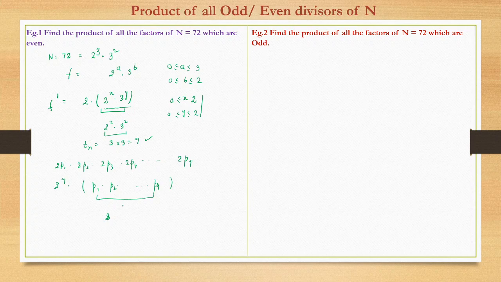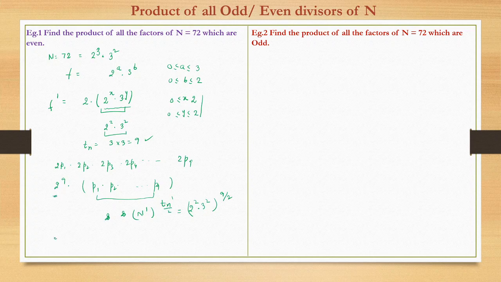The n dash is 2 square into 3 square, raised to power 9 by 2, right? And this multiplies with this term.